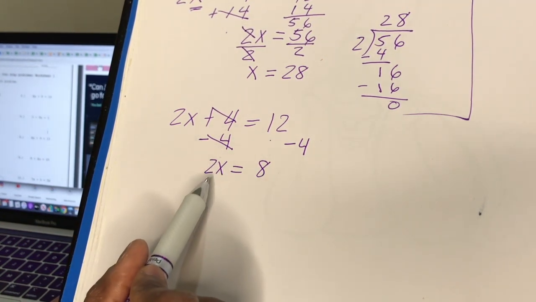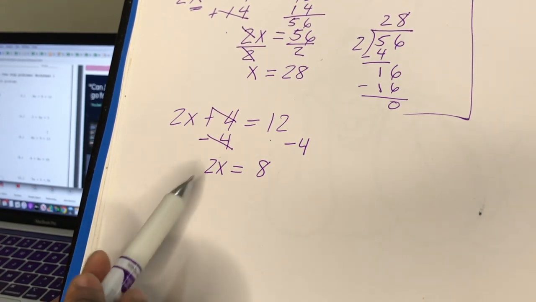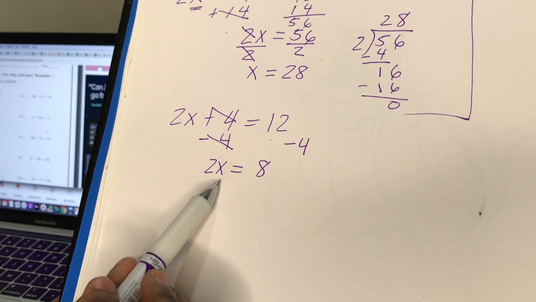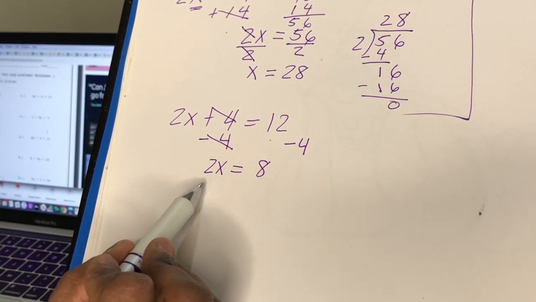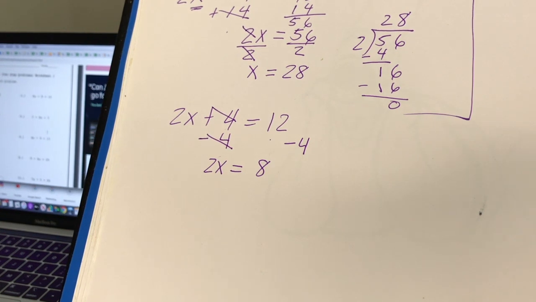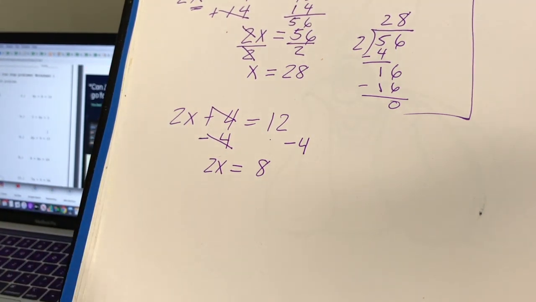To isolate your x, for it to stand alone, you have to divide. The opposite of multiplying is division because 2x is the same as 2 times x. I really want you guys to get that because some of you are confusing this with adding instead of multiplying. 2x means 2 times x.